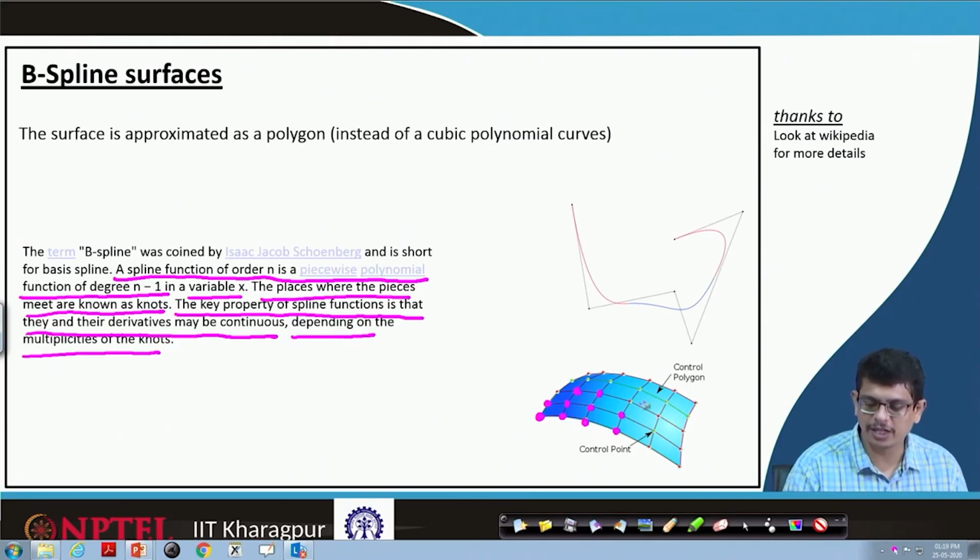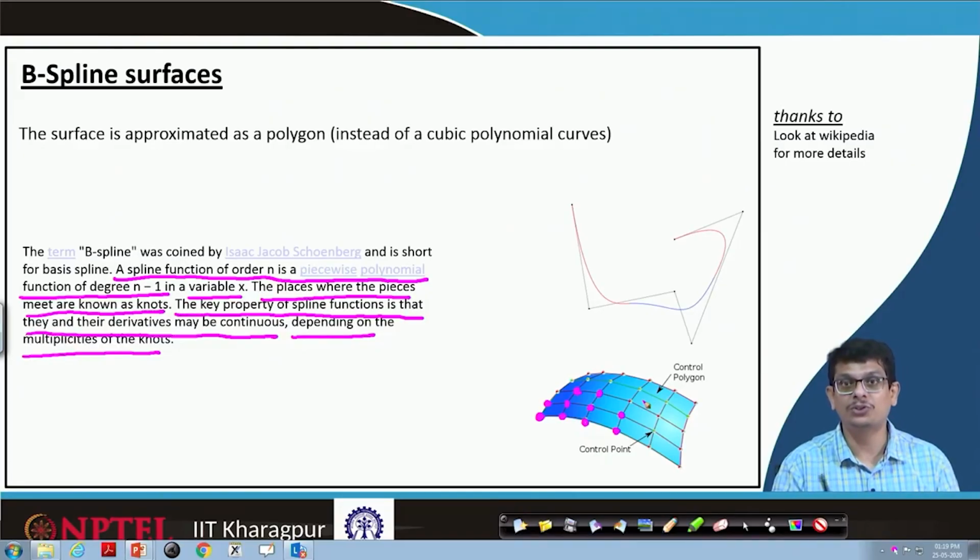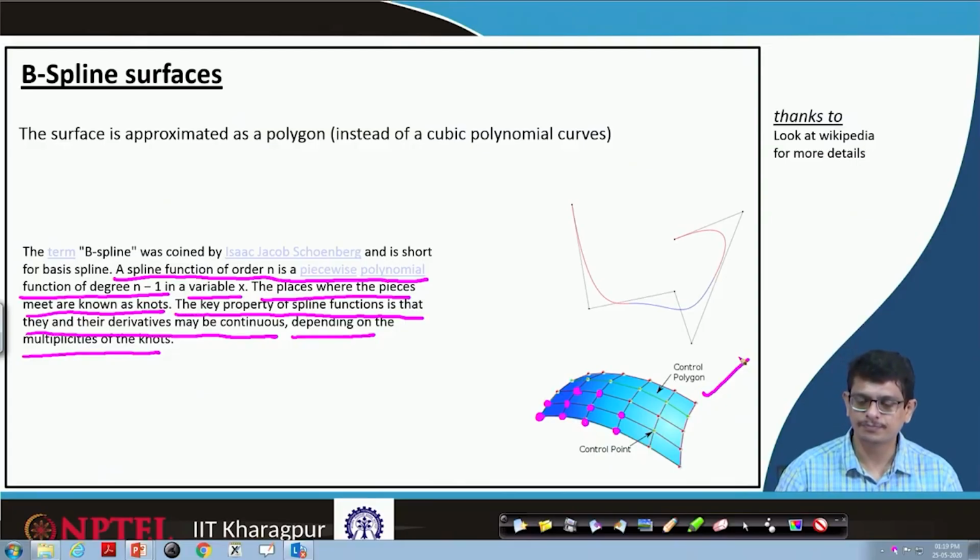The easiest polygon I can fix is something like a tile, a rectangular tile I can put, maybe a rhombus I can construct, or perhaps a triangle. So, by varying these kinds of objects, I will be in a position to construct a surface. Based on controlling those polygons, it can be hexagons, dodecahedrons and so on, we will be in a position to construct a nice surface.